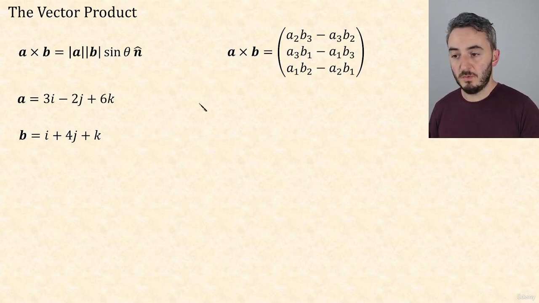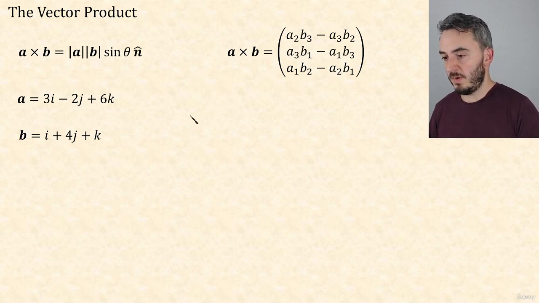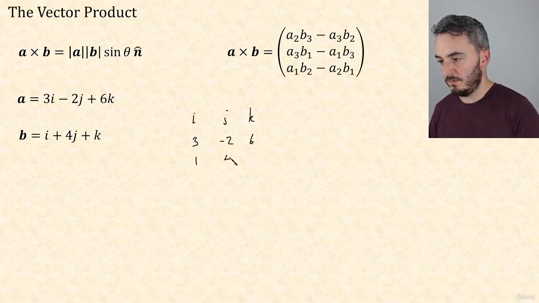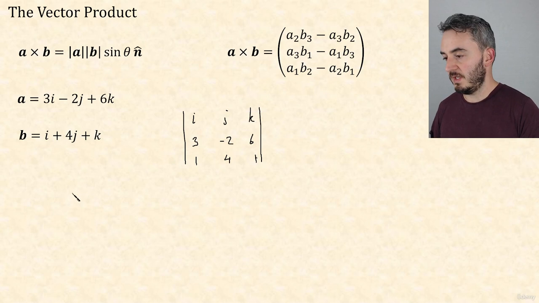And we'll do that using the determinant form because it's so much easier than trying to memorize this. So the way we do that is I, J, K, write down my vectors, 3, minus 2, 6, then 1, 4, 1. Pop that in modulus to get the determinant, and what do we get?